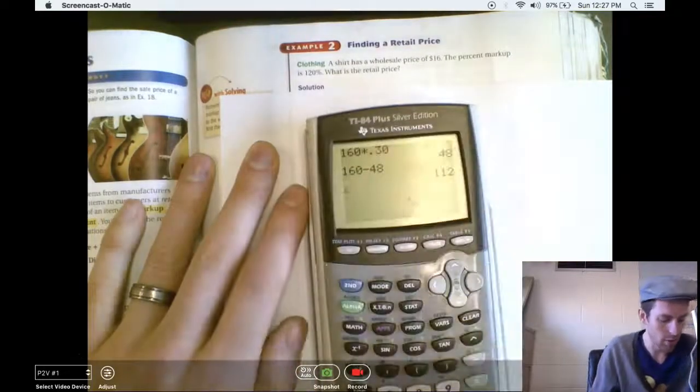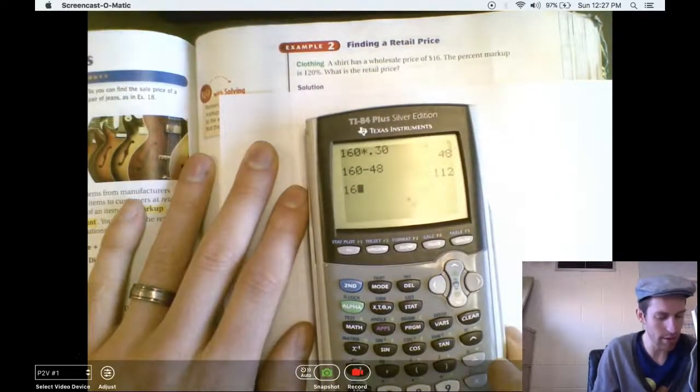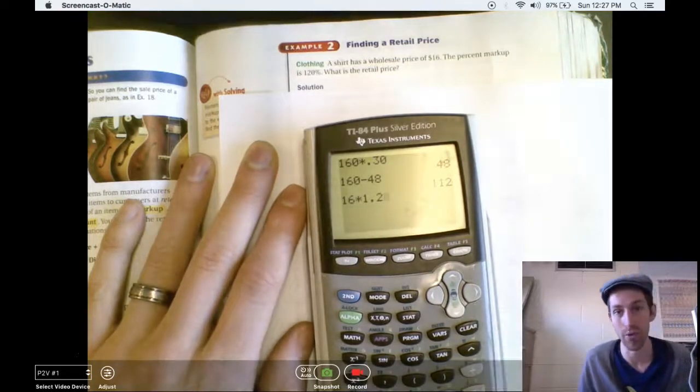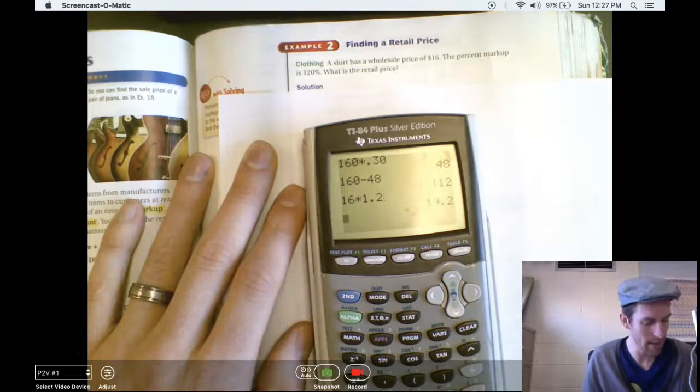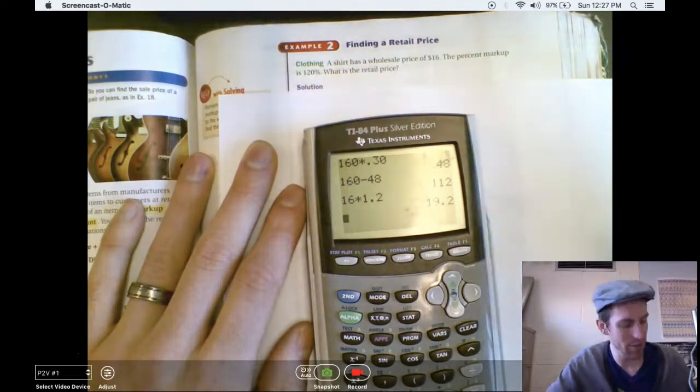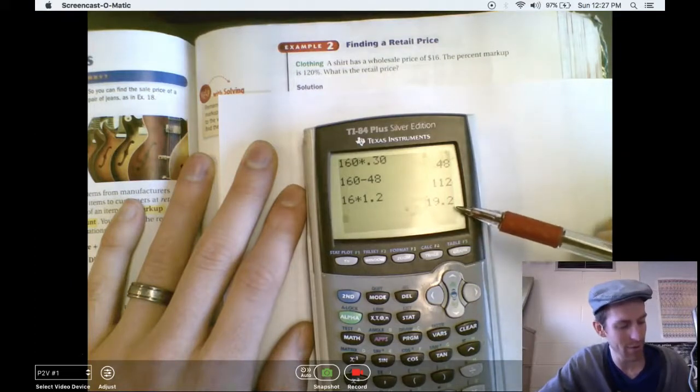So what is 120%? Do 16 times 1.2, the decimal form of 120%. 19.2. Now careful guys, 19.2 isn't what you're going to sell it for.